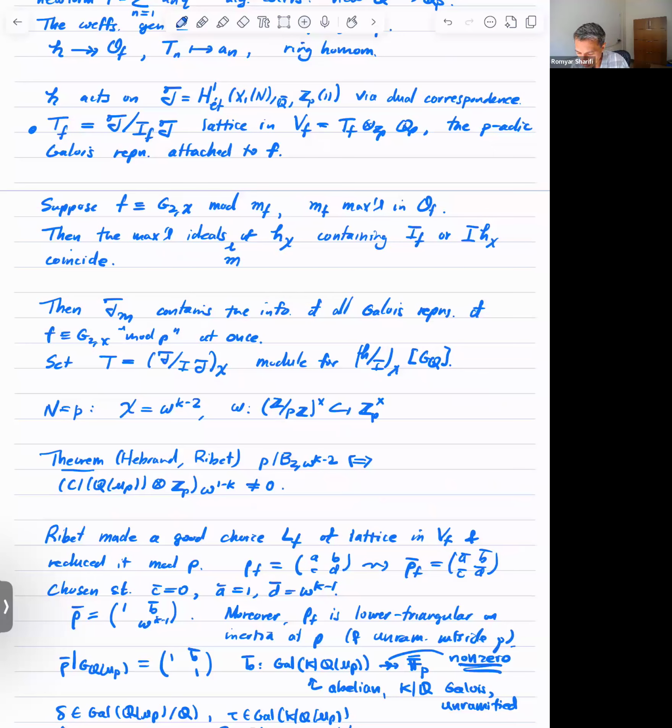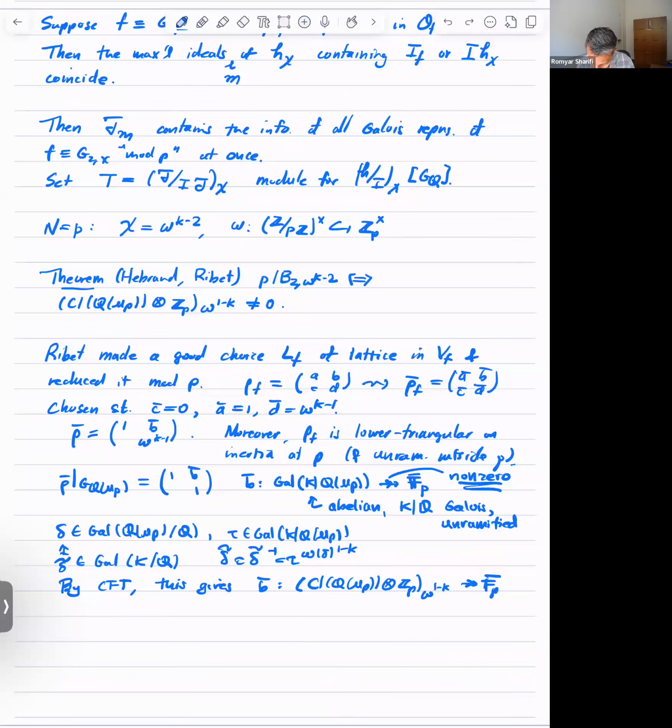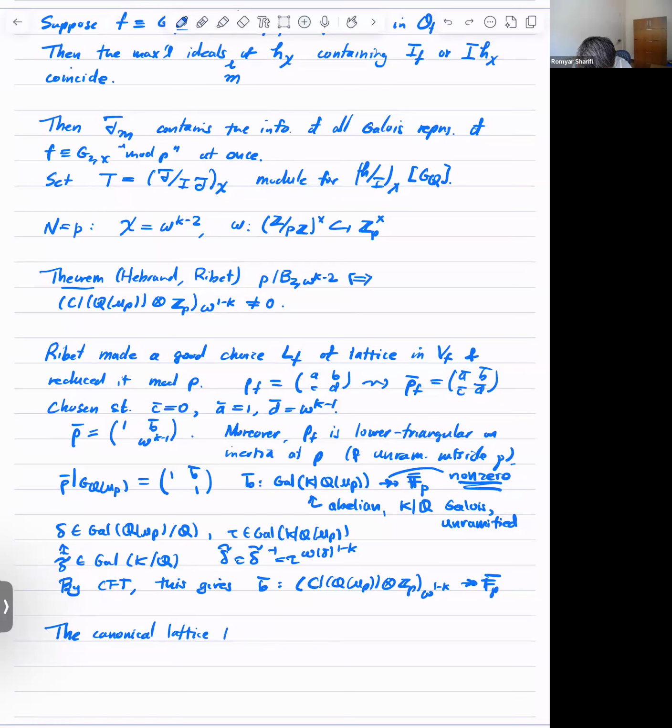Essentially, a conjecture of mine is that the canonical lattice T_F can also be used to produce an unramified cocycle, but it may be 0 a priori, because we haven't chosen it to be extremal in any way.